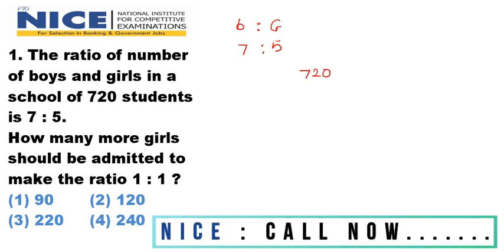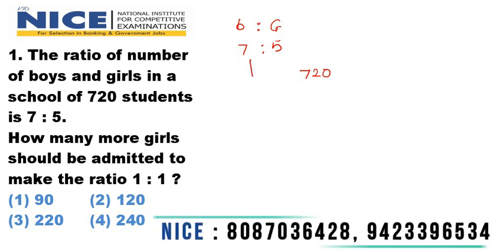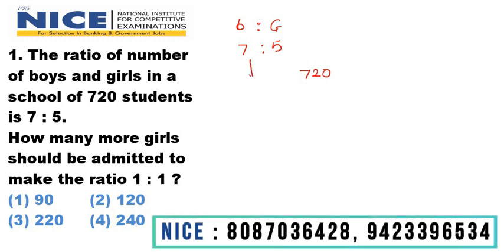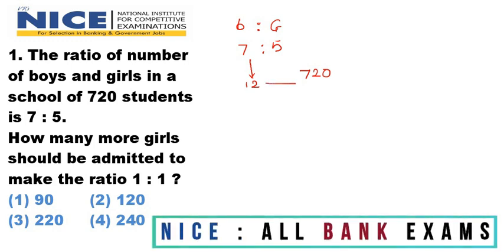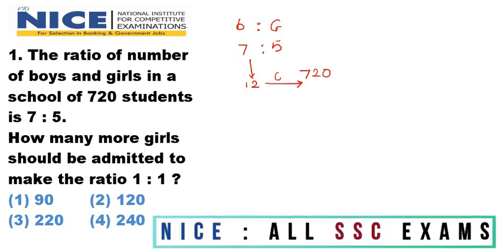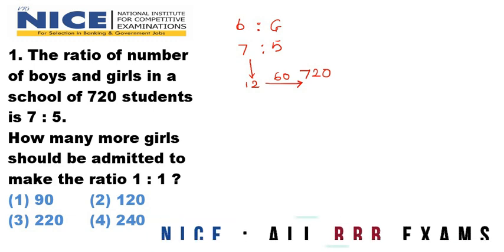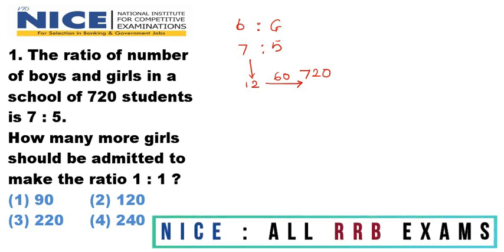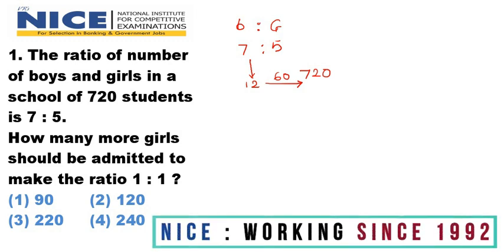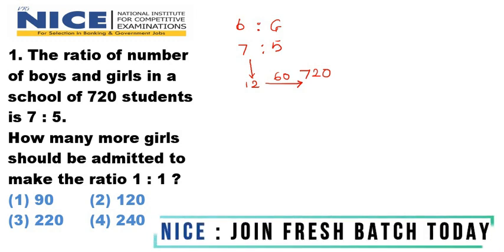See students, this ratio gives me a total of 12, but the actual total is 720. So I will have to multiply the total given as a ratio by 60, so that it becomes 720. Obviously, what does this indicate?